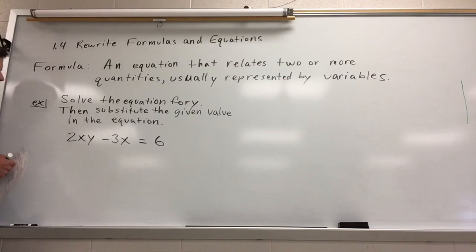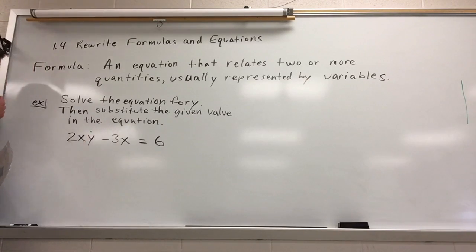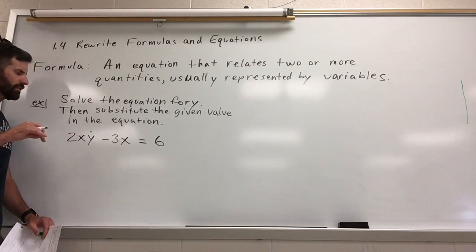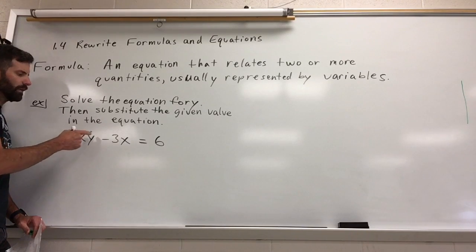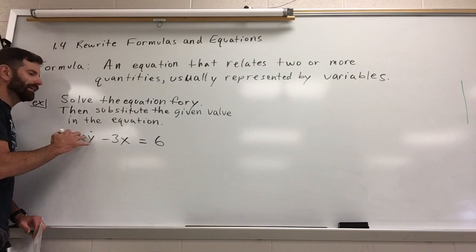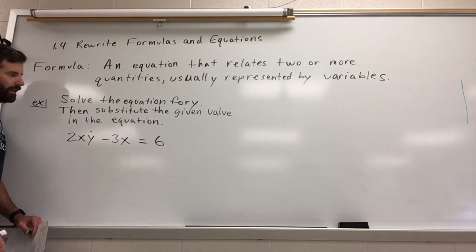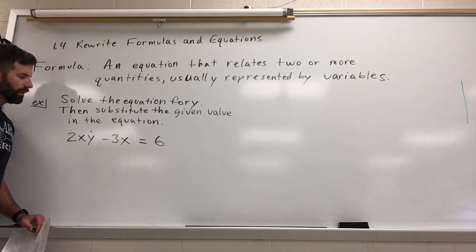Now this is not a formula, it's an algebraic equation here, but you work them the same way. Whatever variable they say you want to solve for, I like to put a dot on it, and we're going to solve for y. We're going to get y by itself. We're going to isolate y. And to be honest, there's a lot of possibilities here that we could do.